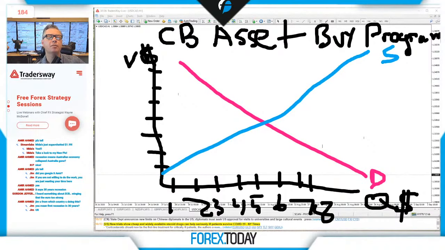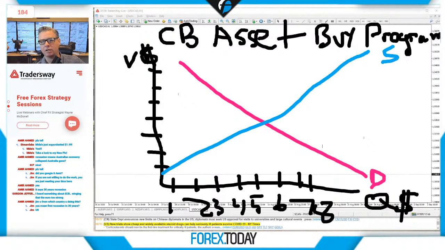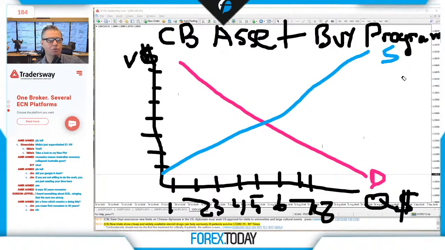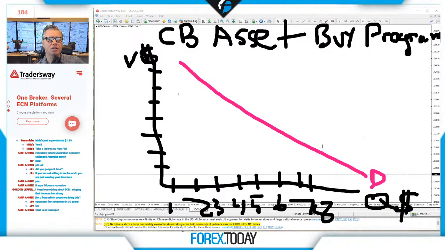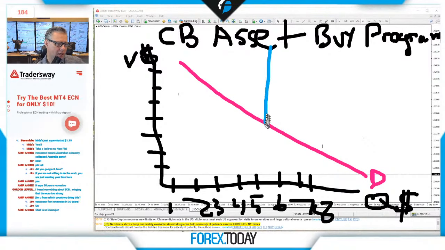So what we're talking about now is the central bank going out and buying stuff with their money. Now, you have to change this because we're talking about central banks. We're talking about an economy. We're not talking about, let's say, microeconomic stuff. We're talking about macro. So now we have to adjust this because when it comes to money, there's this amount of money in the economy.